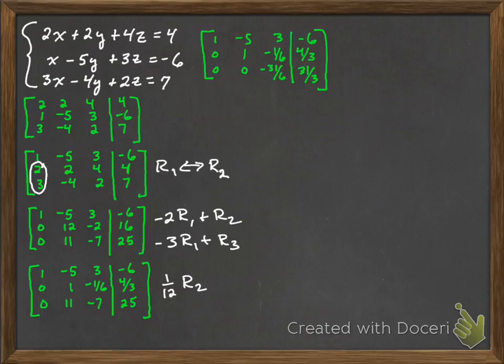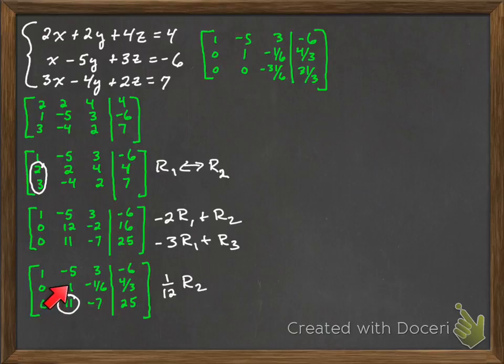All right, so once again, we have a 1 here, zeros underneath it. We have a 1 here. Now we need to get a 0 underneath it. All right, so to get a 0 here, what cancels with a positive 11 will be a negative 11.